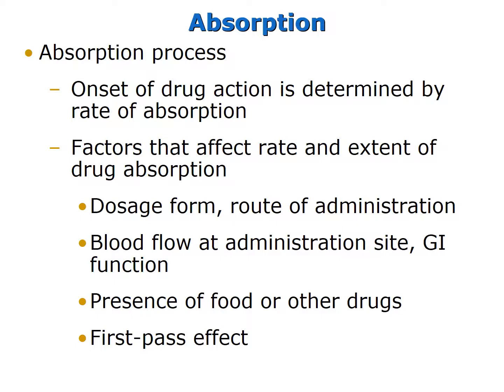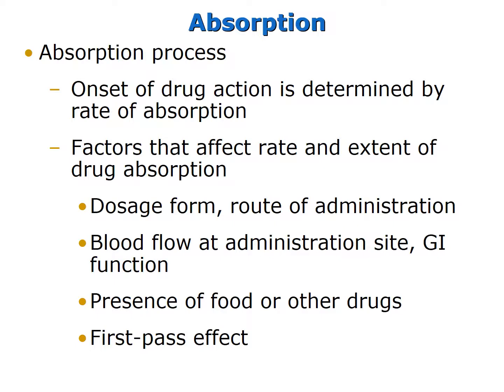So when we think about that whole first pass effect, again, medications are taken by mouth and they're shuttled via a special blood vessel leading from the digestive tract to the liver, where a large amount may be destroyed by metabolic enzymes in the so-called first pass effect.